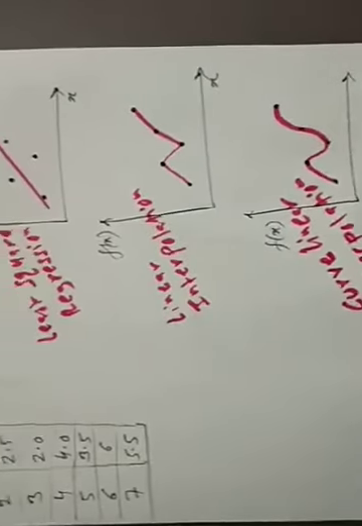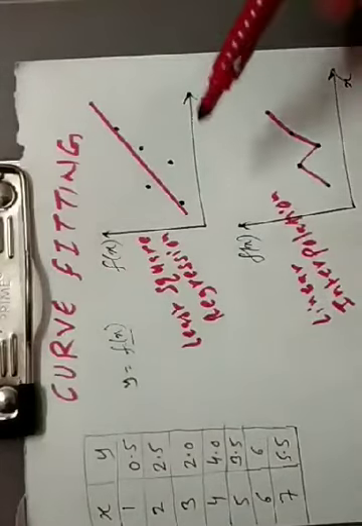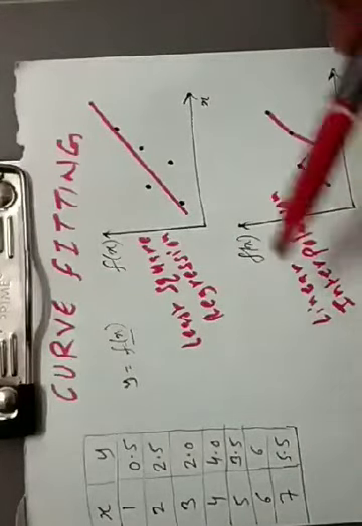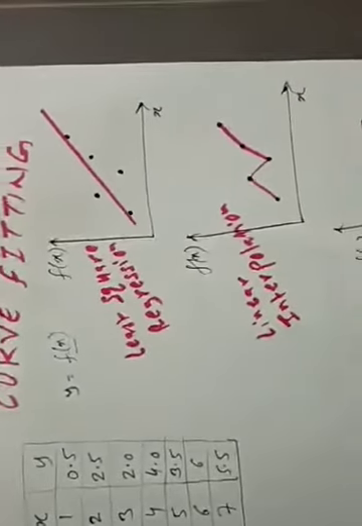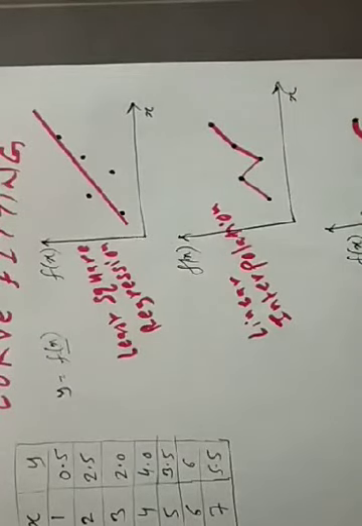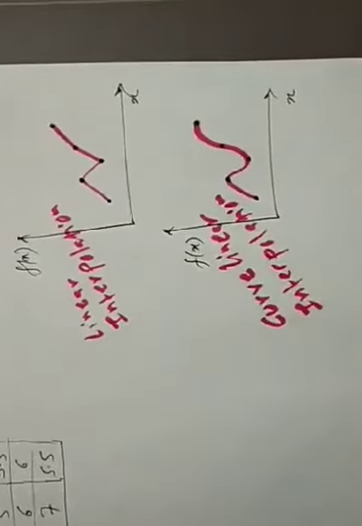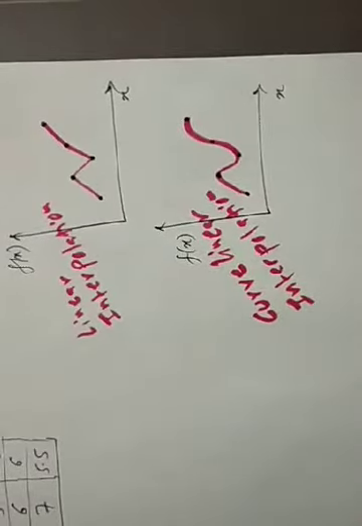So in the first case, it is not compulsory that the line is passing through all the points, but for the second case in linear interpolation, the line is passing through all the points, and in the third case also the curve is passing through all the points.